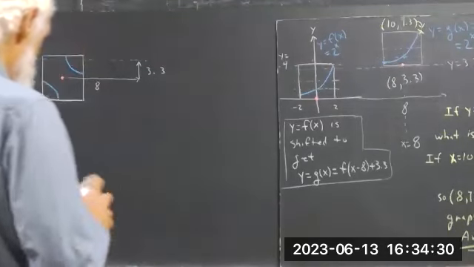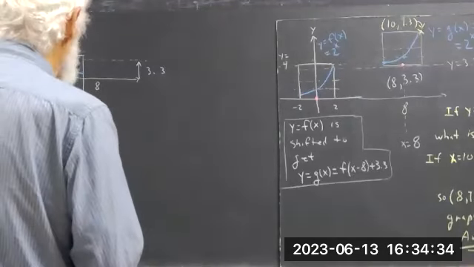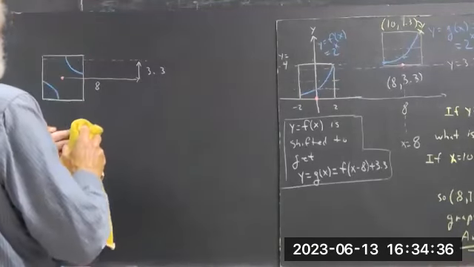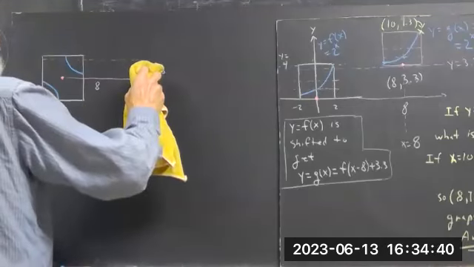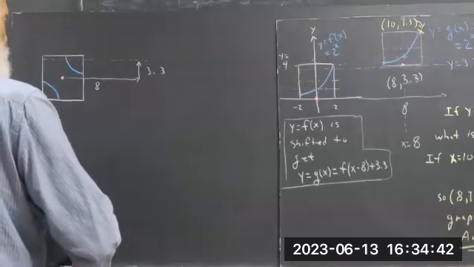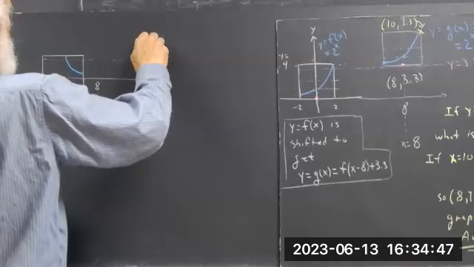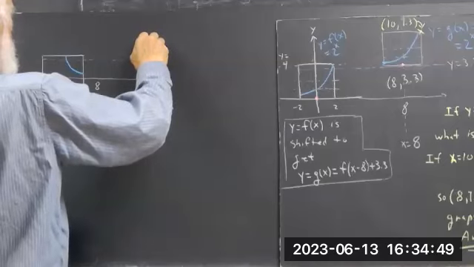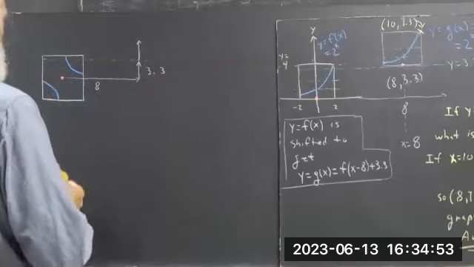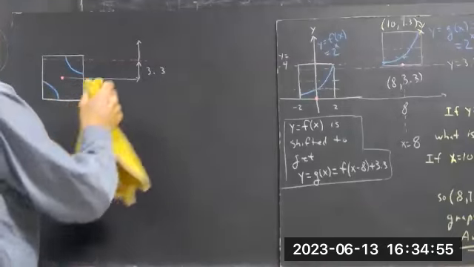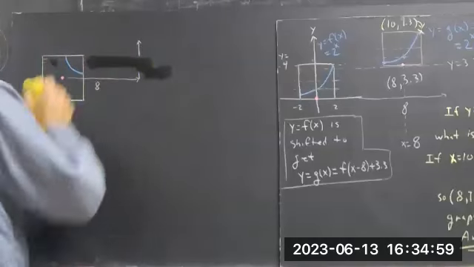That's not a good sketch. I wasn't looking at it right, so you might think of how I was looking at it. 3.3 would be 2 units higher than this. It would be up here.